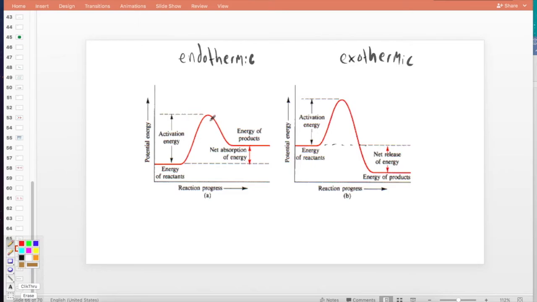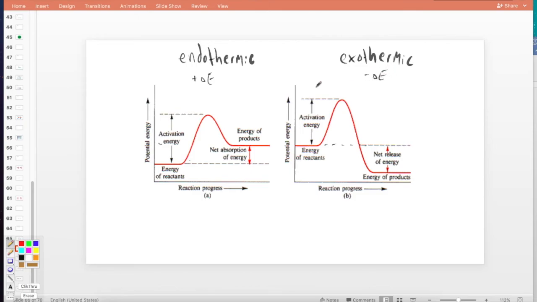Energy decreases, energy leaves when new bonds are formed. But notice the products end up with more energy than the reactants had. So overall, energy has had to increase. Endothermic, positive delta E. Exothermic was negative delta E.